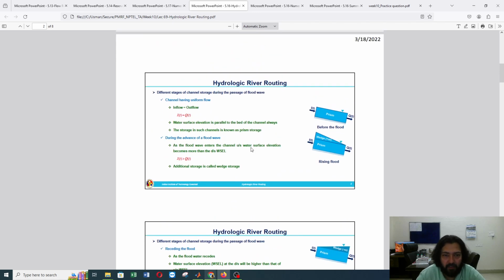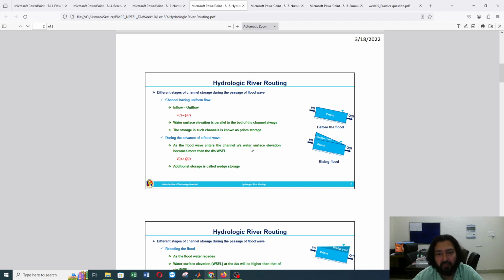So let us take different scenarios here. The first scenario is when the channel is having uniform flow. When the channel is having uniform flow, it means that the inflow is equal to the outflow. The storage in such a channel is known as prism storage. Now consider there is a stage of flood wave. As the flood wave enters the channel upstream, the inflow becomes more than the downstream.